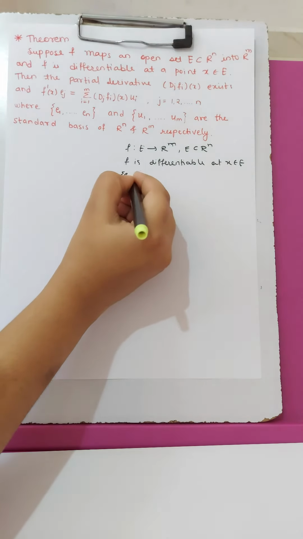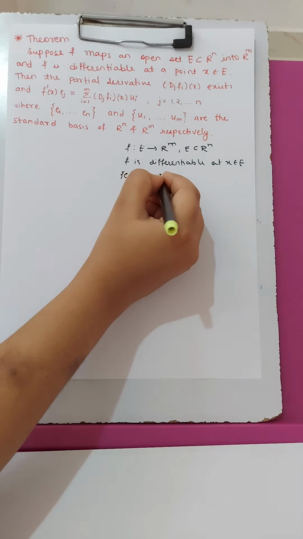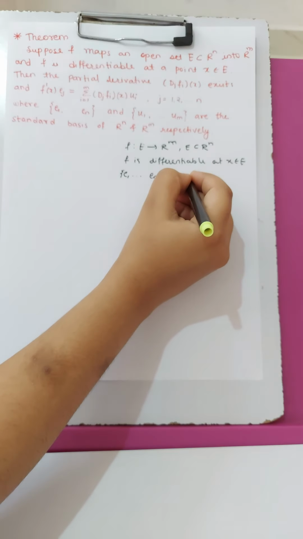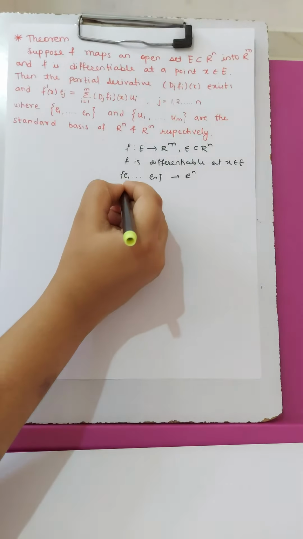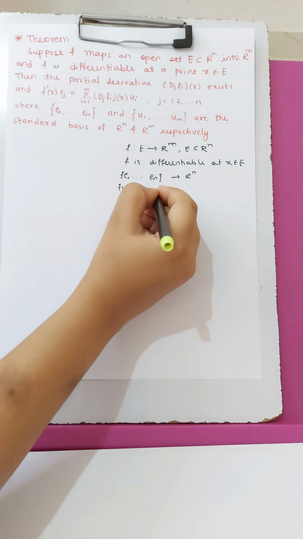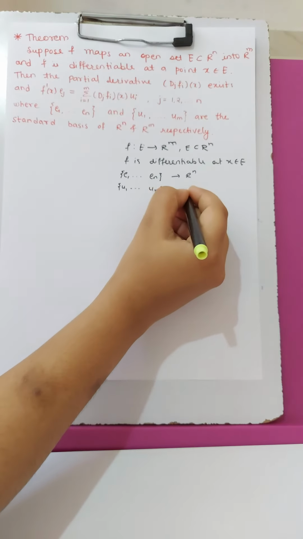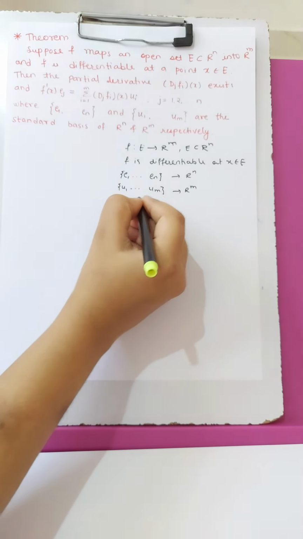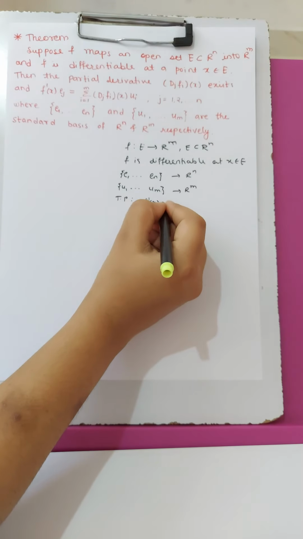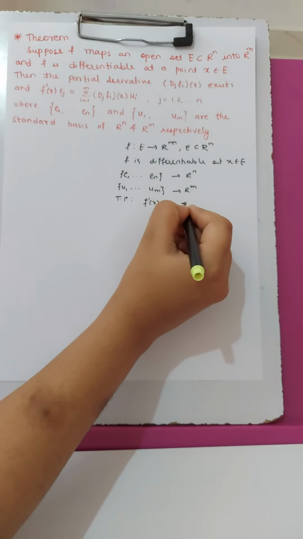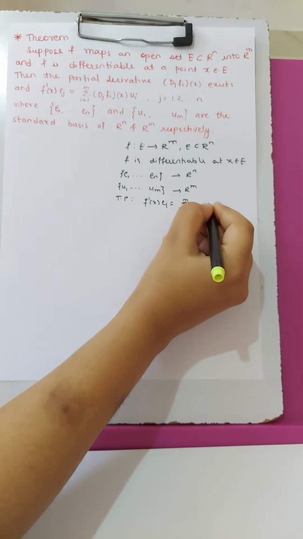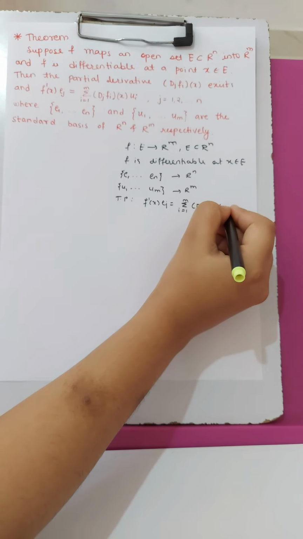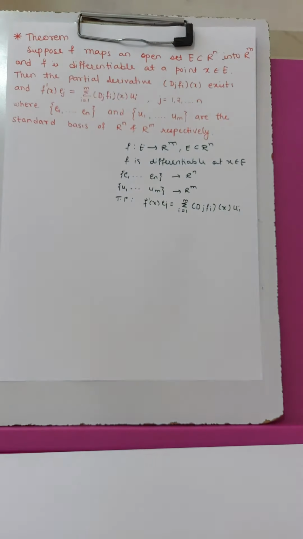This e1 up to en is the standard basis of Rn and u1 up to um is the standard basis of Rm, and we have to prove that f dash of x ej is equal to summation i from 1 to m Dj fi of x ui.